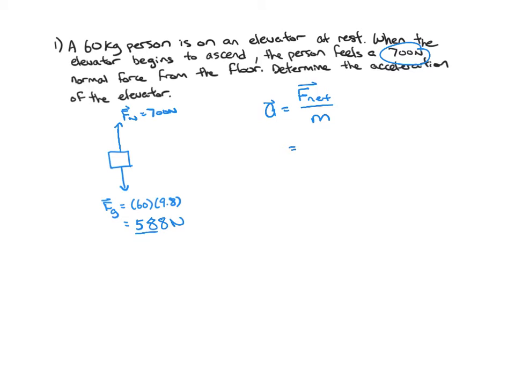My net force, it's just easily based on the diagram, it's 700 newtons up, and then it's being resisted by 588 newtons down, so I'll say minus 588. That's going to be the net force, and the mass is given right in the question. It's 60. Okay, maybe I should have listed that in the beginning.